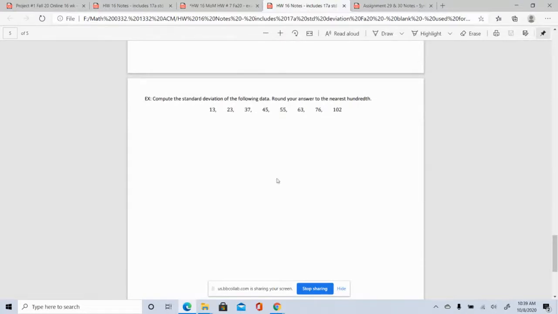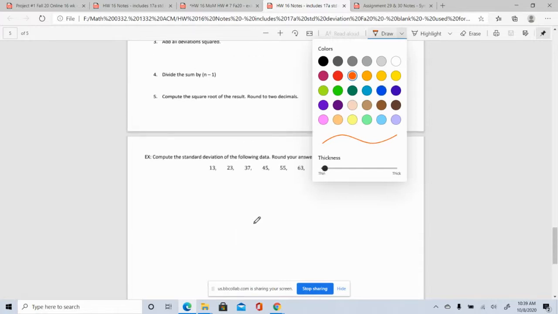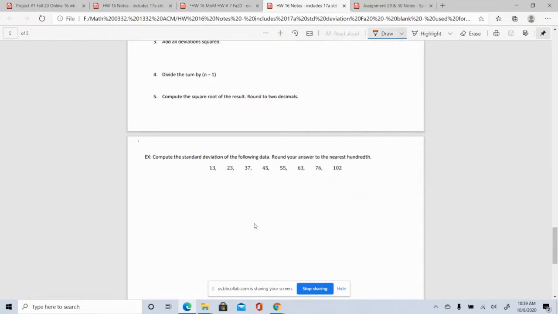Okay, so now we're going to look at an example of standard deviation. Now, standard deviation is in your homework 17. But for your notes, this is going to be in homework 16, and I think I put 17A with it.